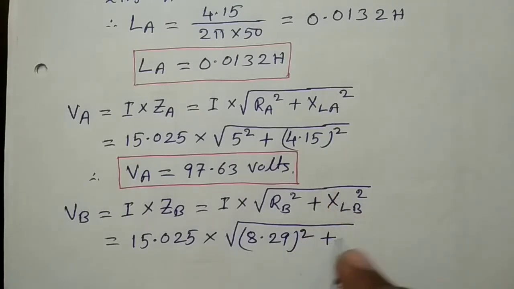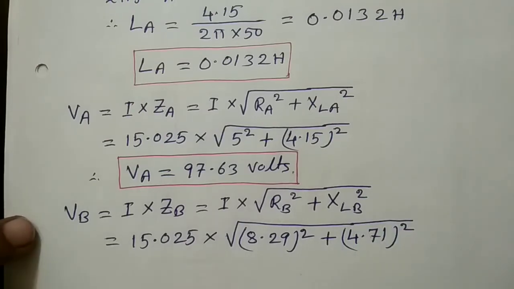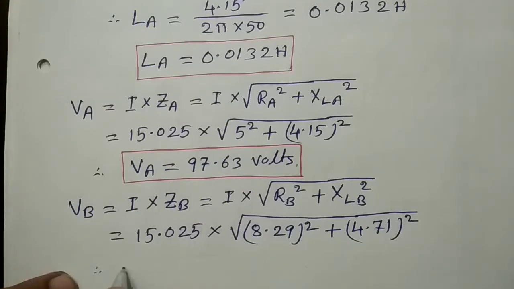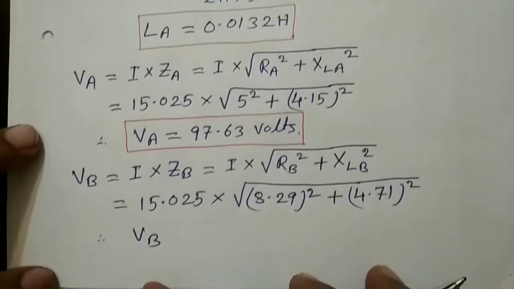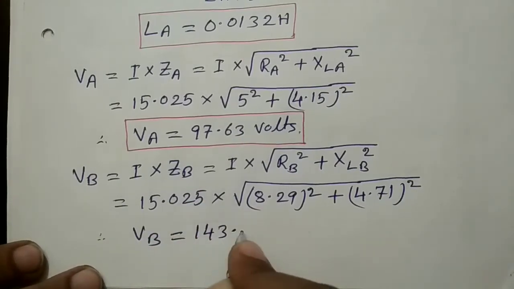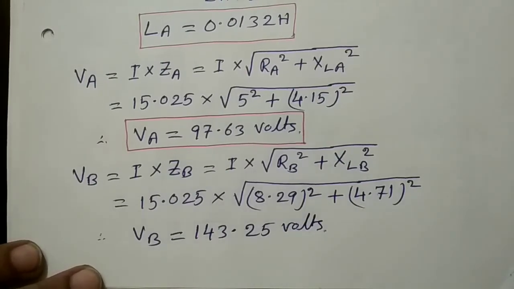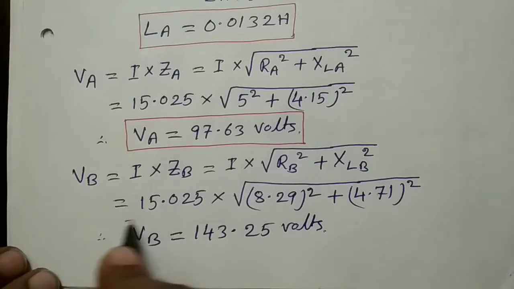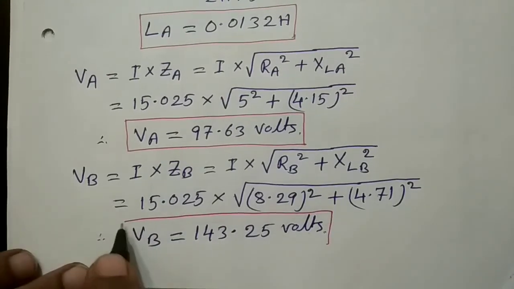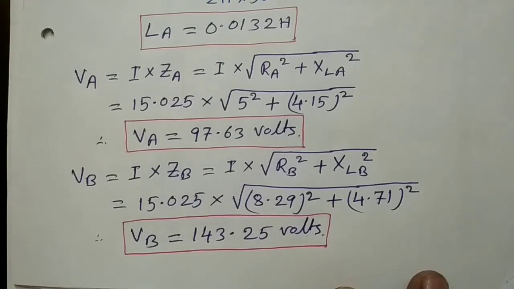And the inductive reactance is 4.71, so it's square. After solving this, the voltage drop across the coil B will be 143.25 volts. So this is the voltage drop across the coil B. This is the complete solution.